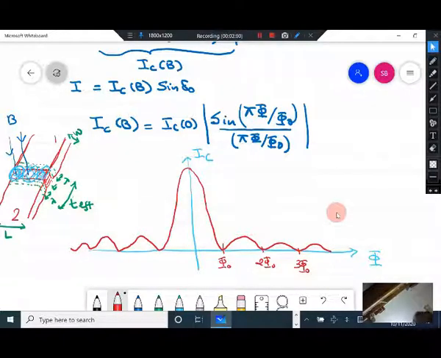So this is basically like a single slit diffraction pattern.